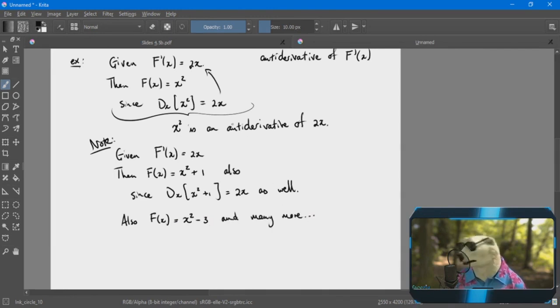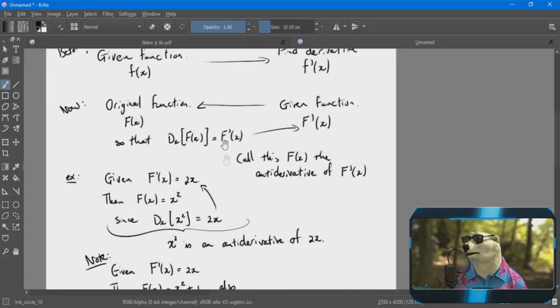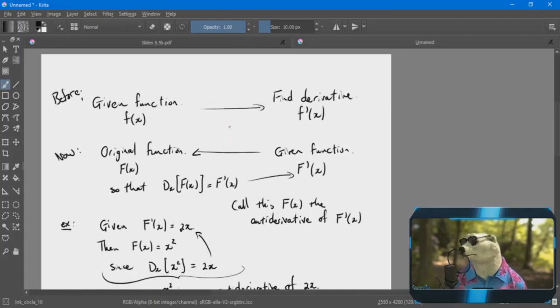So if I go back up here to the top of the page, where the derivative question is, given a function, find its derivative, that is unique in its answer. There's only one derivative given the function.